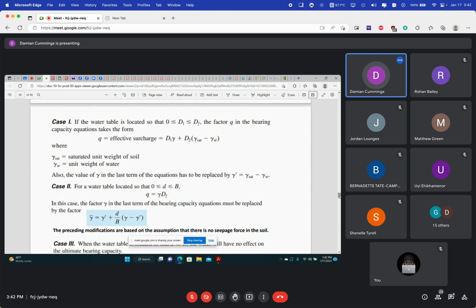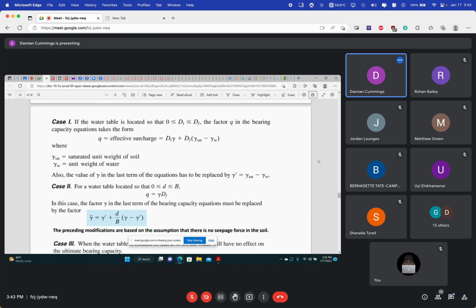Also, the value of gamma in the last term of the equation has to be replaced by gamma prime, which is the effective unit weight I said before, which is equal to gamma sat minus gamma W. So gamma sat is the saturated unit weight, and gamma W is the unit weight of water.